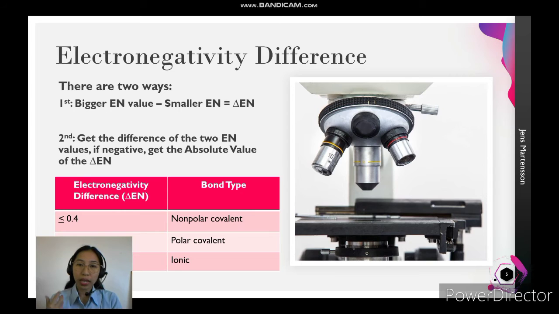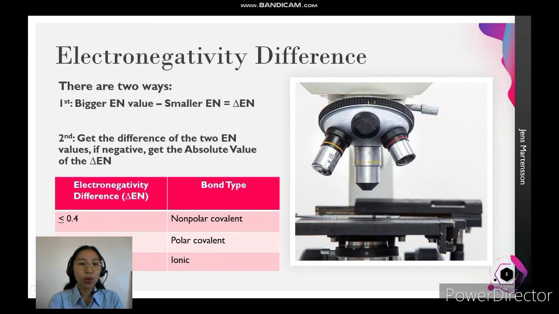So as what we can see here, pag ang imuhang makuha na answer is baba or equal to 0.4, ang polarity would be non-polar covalent. So kasagaran gud ang gamit ani sa bond type, pero pwede nimo siya ma-classify as non-polar.